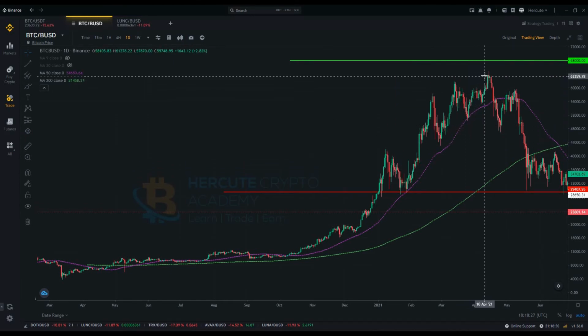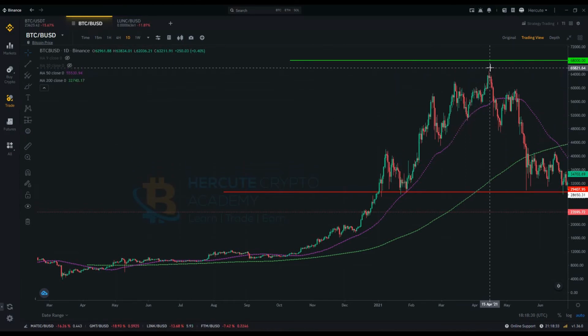That was up to April of 2021. Okay? So within 1 year, Bitcoin actually did over 10x. Are we together? It did over 10 times within 1 year.